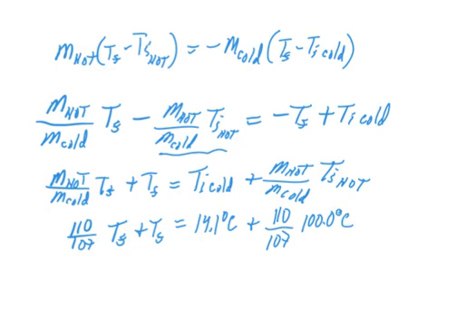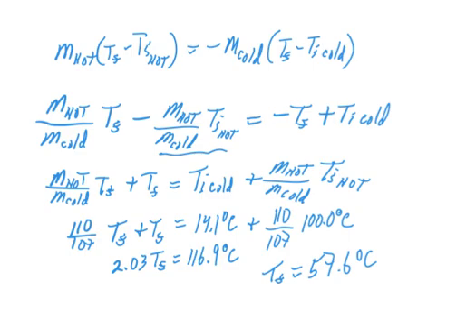And when you crunch those numbers, you should get 2.03 T final equals 116.9 degrees Celsius, or T final equals 57.6 degrees Celsius, which is pretty close to the 53.3 that we got in our experiment.